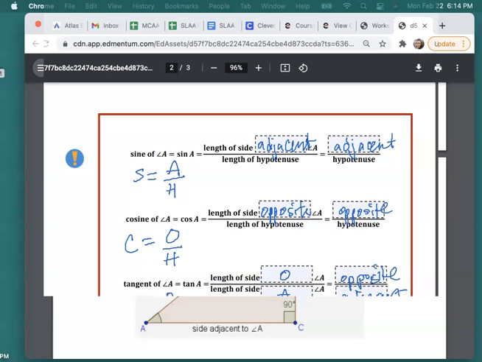So just write these down and keep them handy for when you are working with trig functions. You could even come up with an easy way to remember them. I always just write them down because I'm bad at pronouncing things. So sine is adjacent over hypotenuse, cosine is opposite over hypotenuse, and tangent is opposite over adjacent.